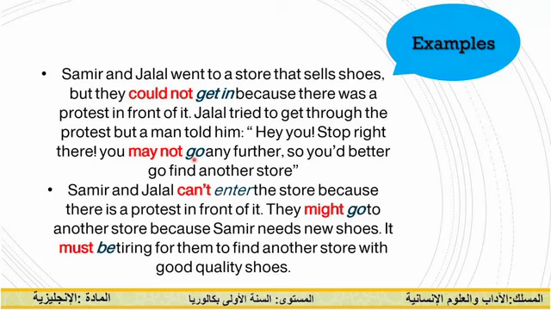They might go to another store because Samir needs new shoes. It must be tiring for them. It's not that we are saying it's obligatory for them to be tired. No, we are sure that it is tiring for them to find, be is in the infinitive, for them to find another store with good quality shoes.